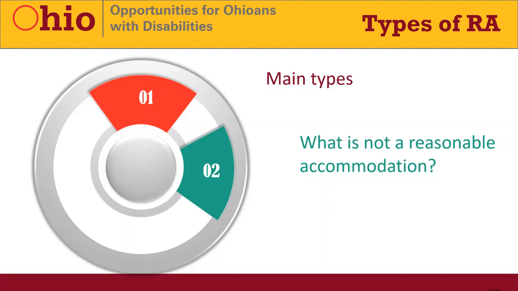And personal use items that are also needed off the job are generally not considered reasonable accommodations, and these include items like wheelchairs, hearing aids, and eyeglasses. Covered employers are also not required to provide accommodations that cause a direct threat to health or safety or that cause an undue hardship, which is an accommodation that is too costly or too difficult to implement.